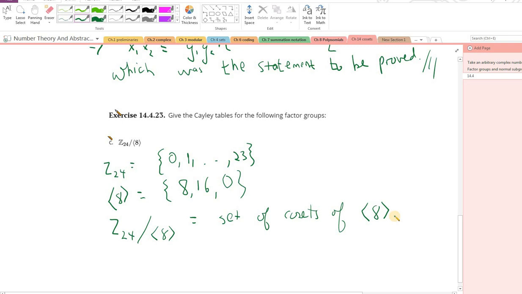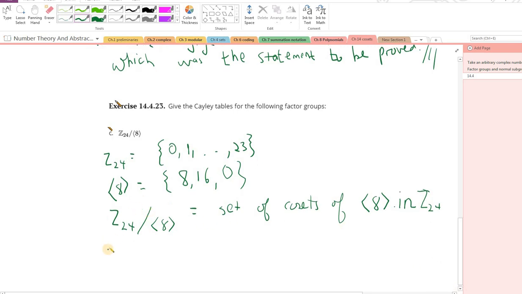All right, I can also be more specific. The set of cosets of 8 in what group? In Z24. Okay, good. All right, so what are the cosets of 8 in Z24?